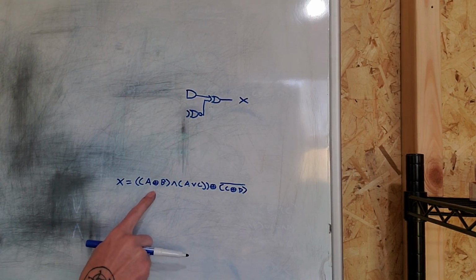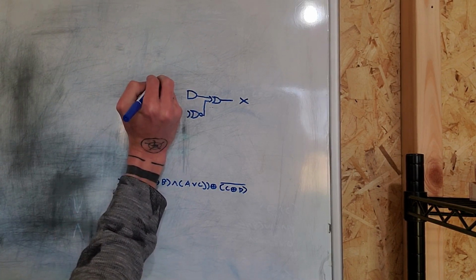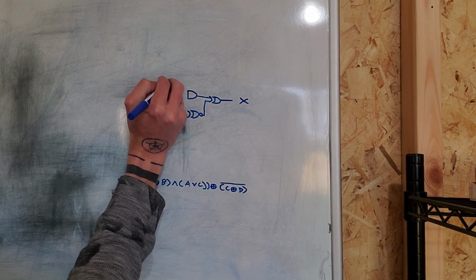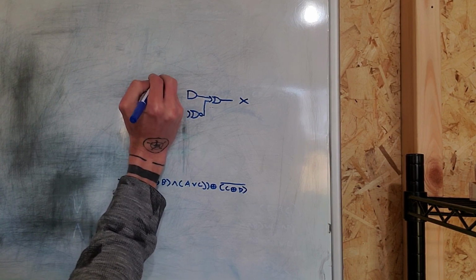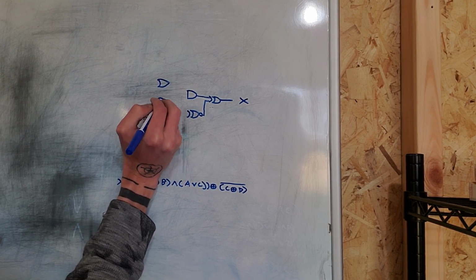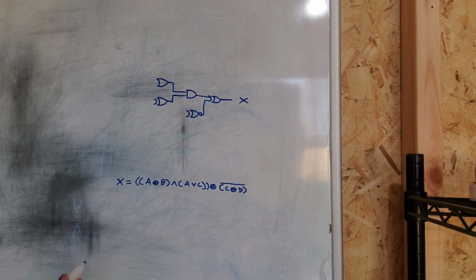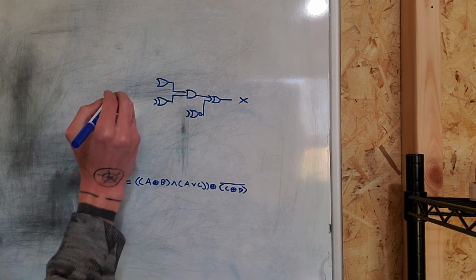We have an XOR gate and an OR gate. Now that we have the gates set up, we just need to write the inputs.